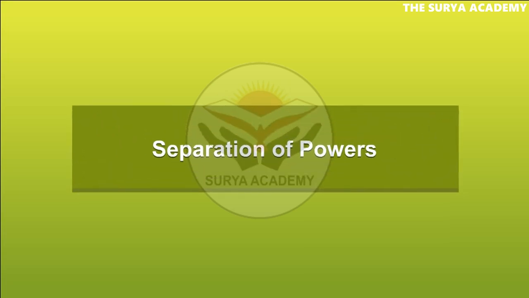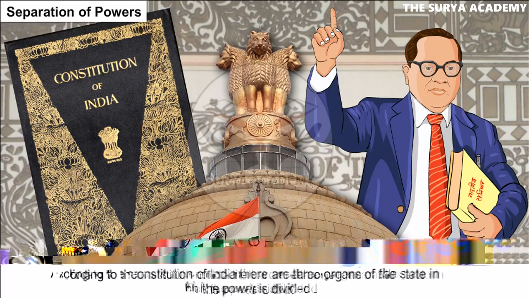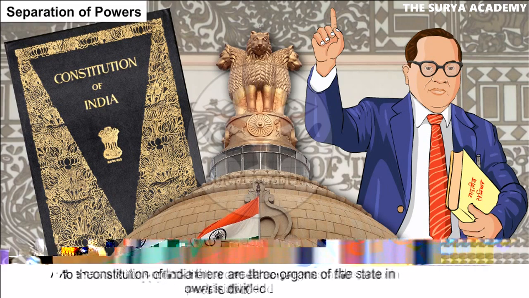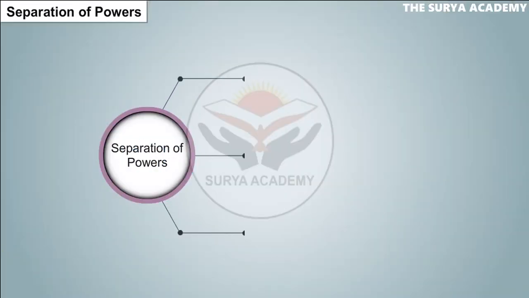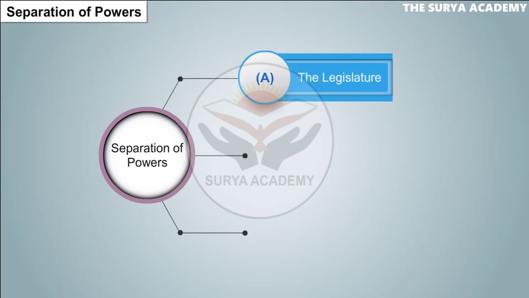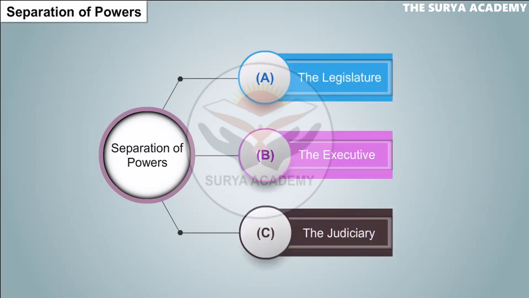Separation of powers. According to the Constitution of India, there are three organs of the state in which the power is divided, namely the legislature, the executive, and the judiciary.